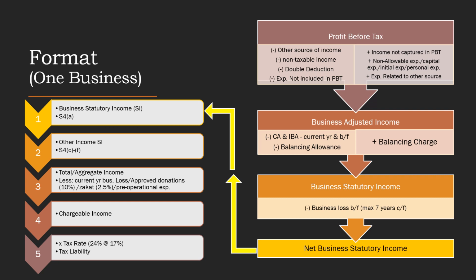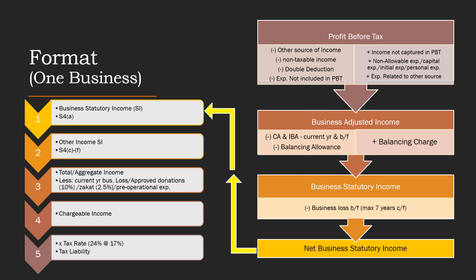Zakat is deductible here after we deduct the current year loss, but zakat is limited to 2.5% of aggregate income only. If the company pays zakat higher amount, then it is regarded as well. As well as other deductions that can be deducted after aggregate income, like pre-operational expenses, and the rest you can check your textbook.